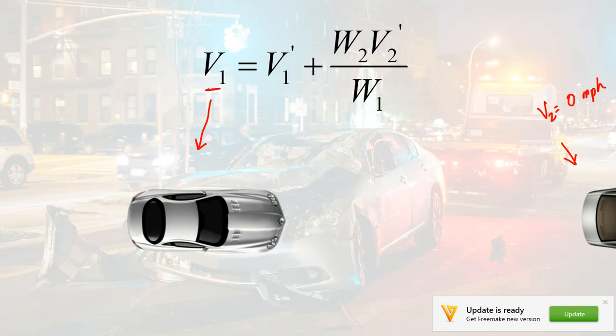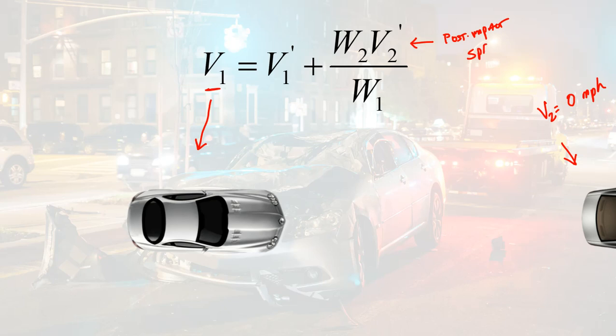And then we figure out what the post-impact speed is for the stationary vehicle, and then we figure out what the post-impact speed is for the bullet vehicle. And then we collect both the weights for the stationary vehicle and for the bullet vehicle. Once we do this, we can figure out what this V1, or the speed of that bullet vehicle, is.